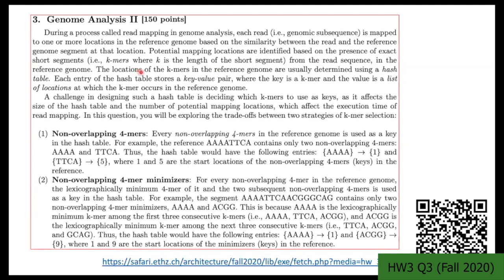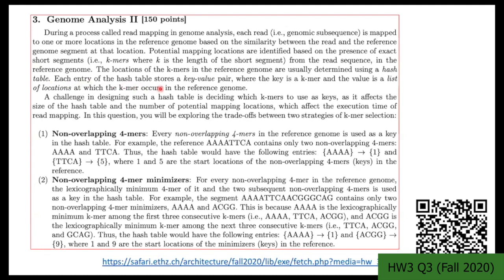The locations of the k-mers in the reference genome are usually determined using a hash table. So a hash table here will be used as one type of index data structure. There are other alternatives, but in this question, we will be using a hash table. Each entry of the hash table stores a key and a value.